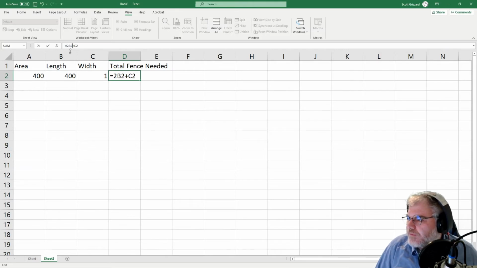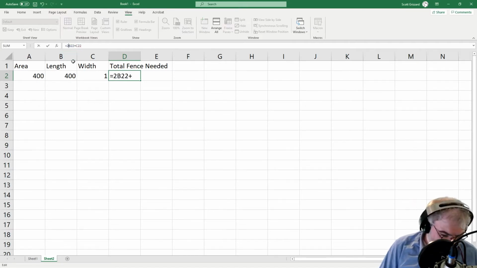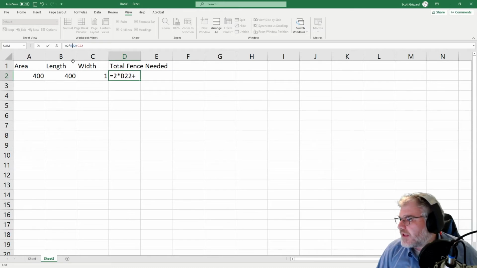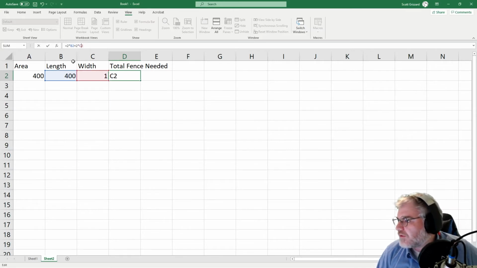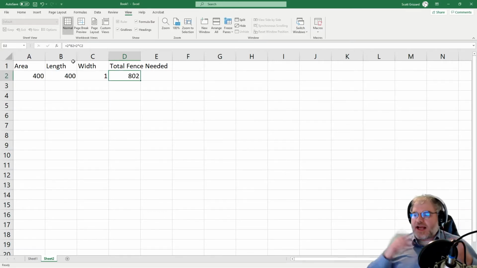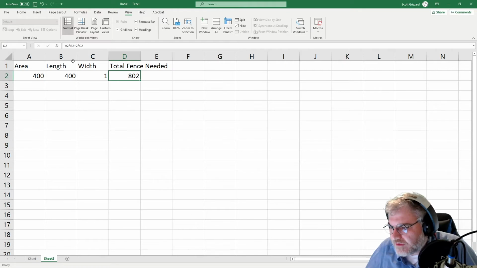So this should be 2 there and 2 there. Oh, and you can't do that because you need asterisks. So this should be 2 times B2, and this should be 2 times C2. Okay, so I need 802 feet of fence.